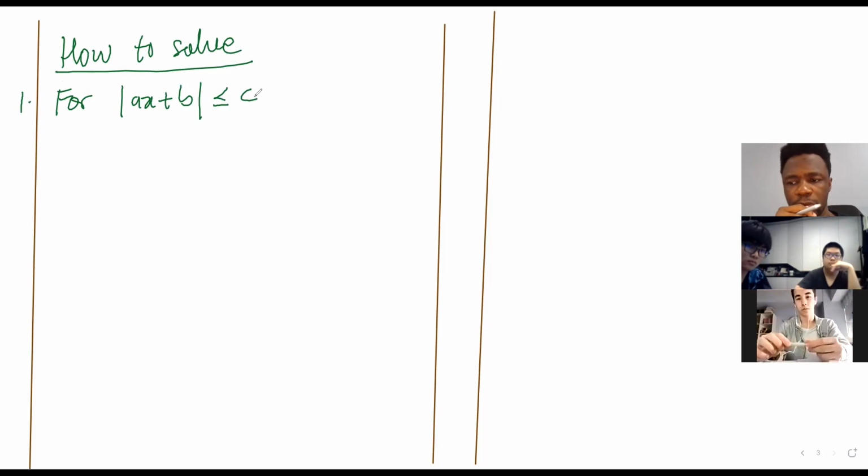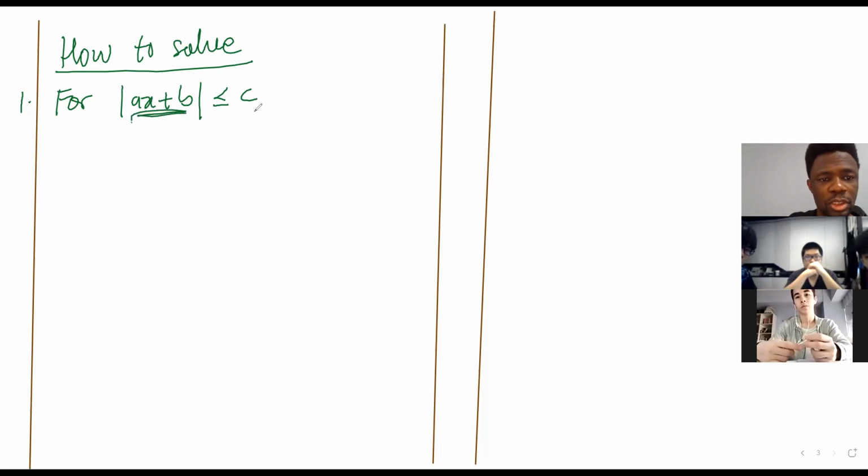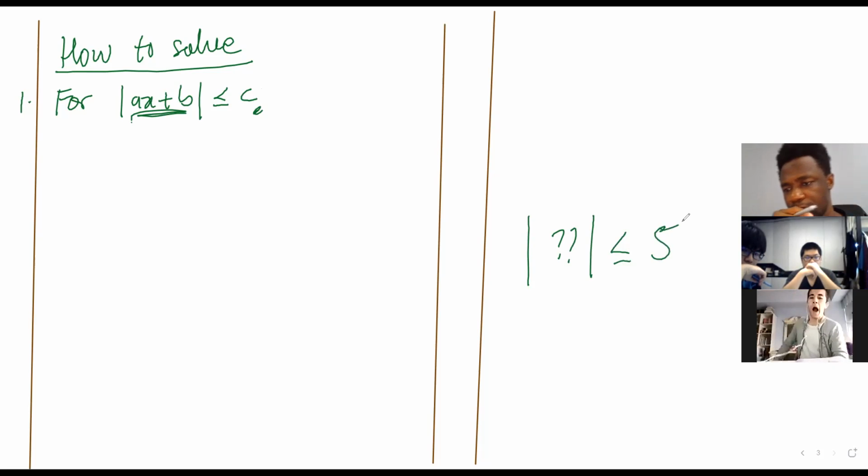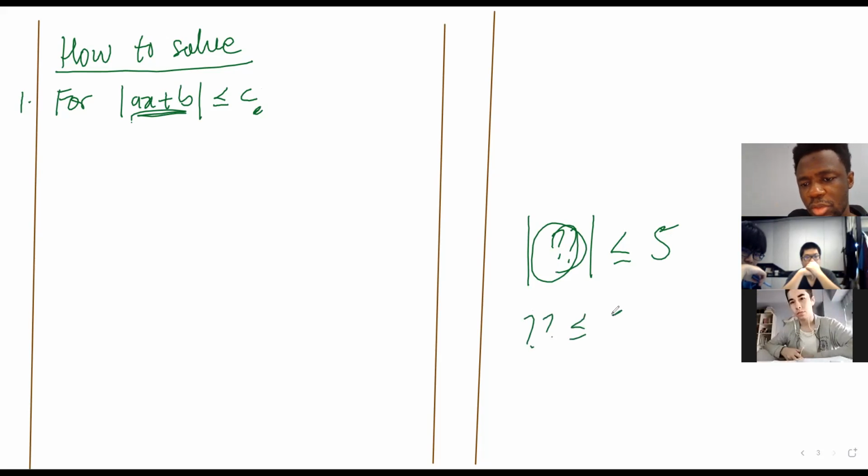If the absolute value of a linear function is less than or equal to a number, if that number is positive, it means the entire function is bounded by that number. What I'm saying is this: the absolute value of something is less than or equal to 5. It's either what you have in there is less than or equal to 5, or what you have in there is greater than or equal to negative 5.